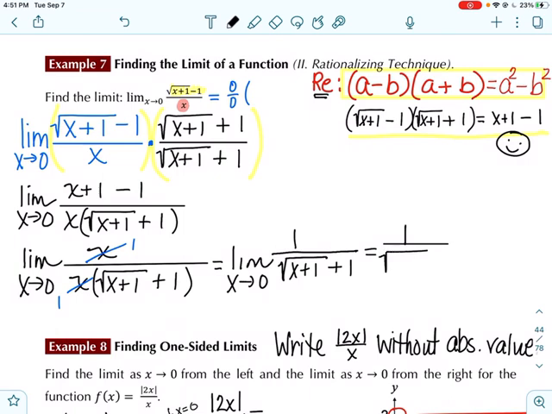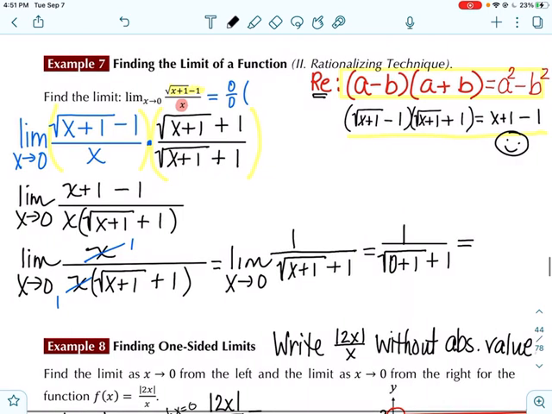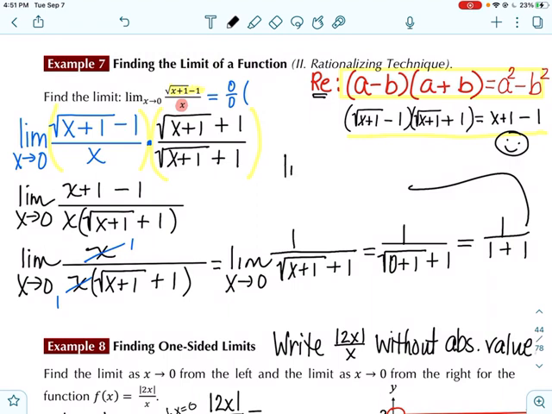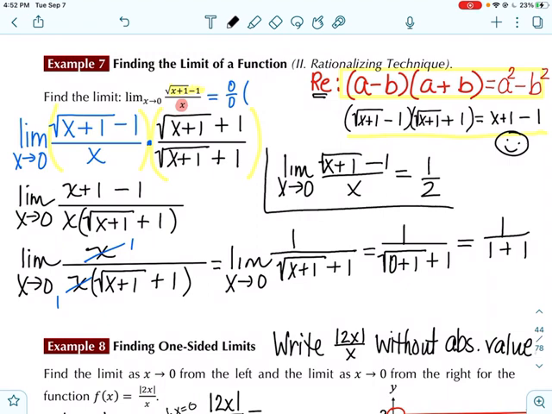So you get the square root of 0 plus 1 plus 1, which is 1 over 1 plus 1. So your limit as x approaches 0 of the square root of x plus 1 minus 1 over x will equal 1 over 2. And I'll box that up just to clarify.